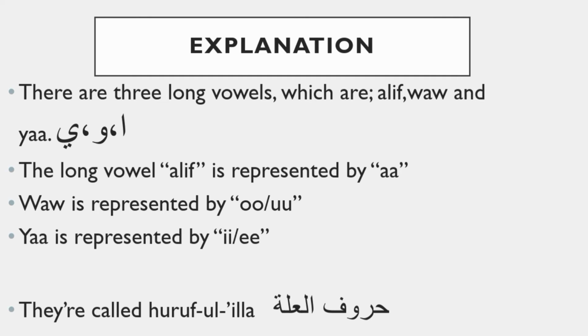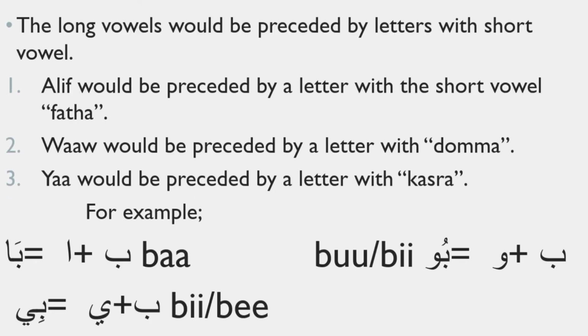So since we have a and then a, that means the letter that has short vowel before the long vowel must take fatha. The short vowel must be fatha. So there is no way you can see a letter with kasra or dhamma before alif, I mean alif as a long vowel.